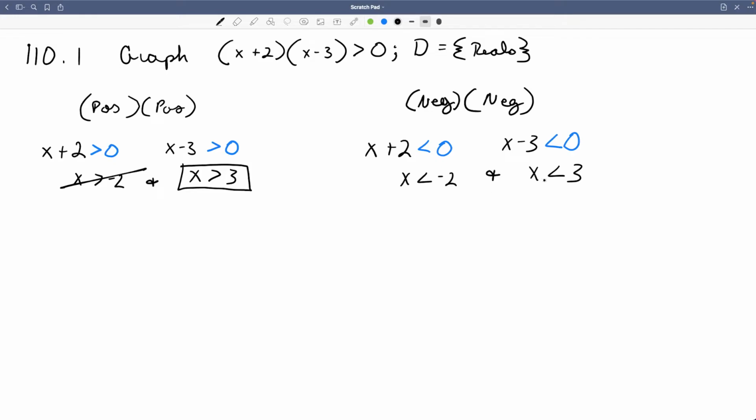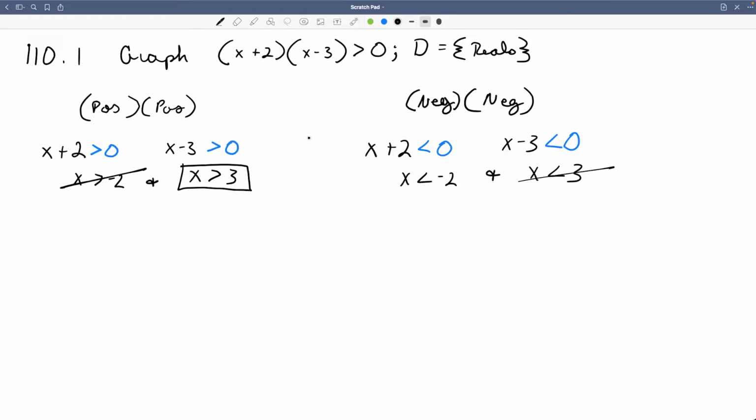So we can't go with x is less than 3 because then some of those answers would make this an untrue statement. So we can't do that. So now if we say negative 3, for instance, we could say negative 3 because that's less than a negative 2. Negative 3 plus 2, that's a negative 1. Negative 3 minus 3 would be a negative 6, so that negative times negative would be a positive 6.